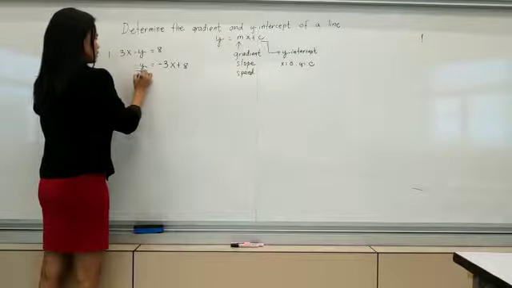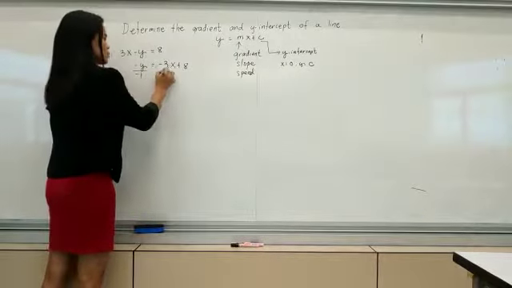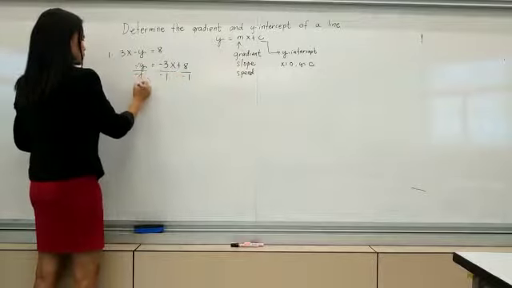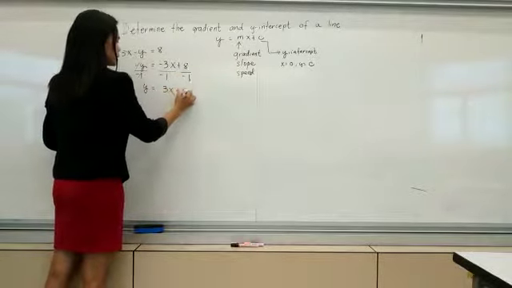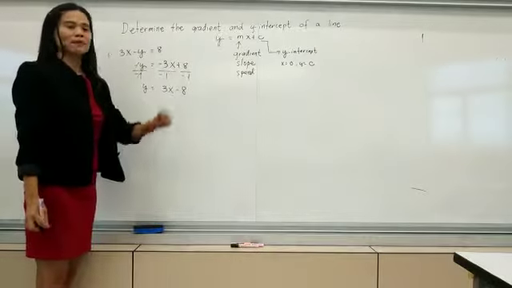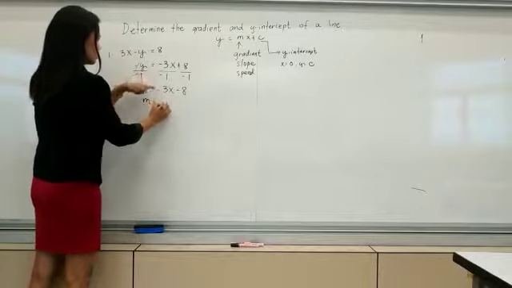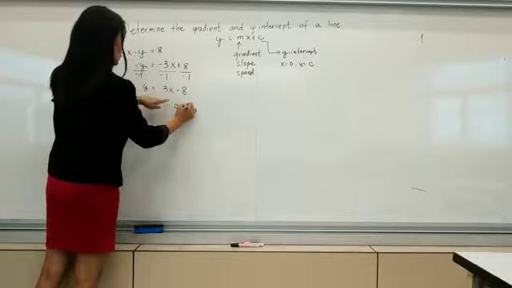So we have to divide all the terms in the equation by negative 1, so that y is equal to 3x minus 8. So in this equation the slope is equal to 3, and your y-intercept is equal to negative 8.